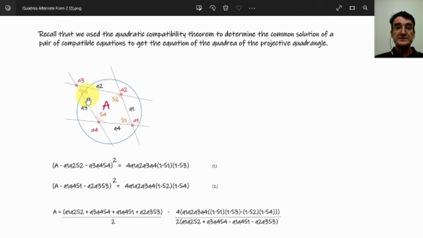We have side quadrances Q1, Q2, Q3, Q4, and spreads S1, S2, S3, S4. And we had these two quadratic equations.